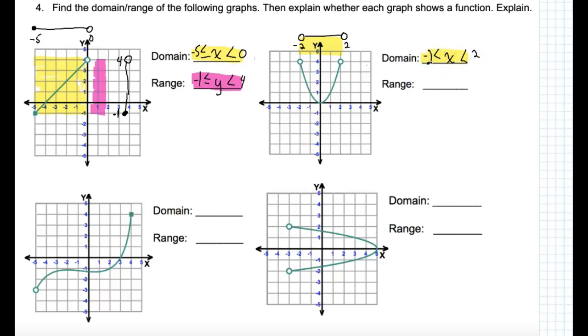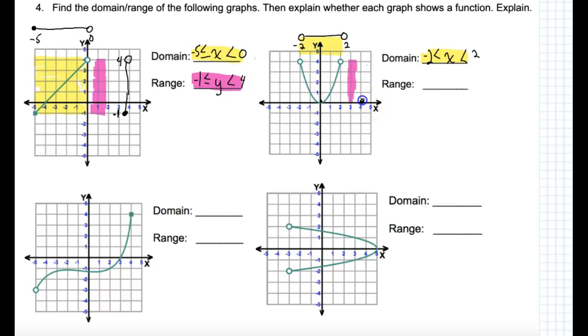Let's check out the vertical values, which is the range. Okay, so let's see. Here. Now it goes and touches here, but it doesn't go up to this point. It does touch the x-axis, so right here it does touch.